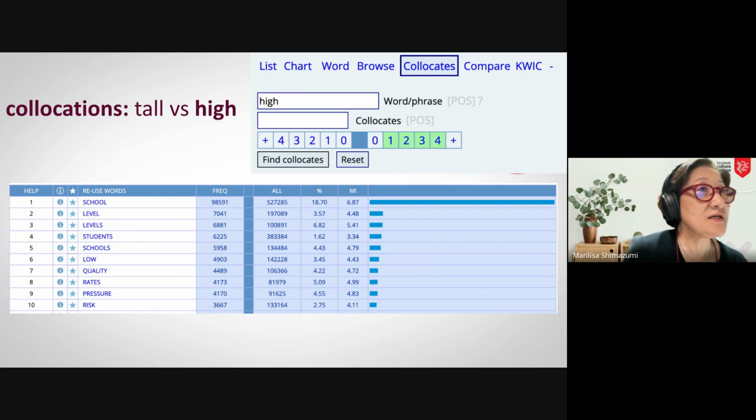And can you see the frequency of high school? It's way, way more frequent than the others. Look at the blue bar.